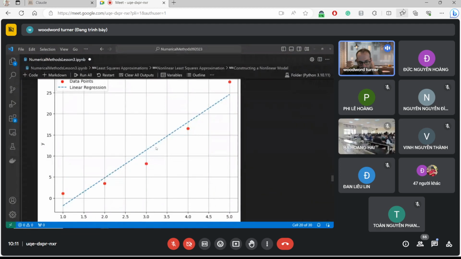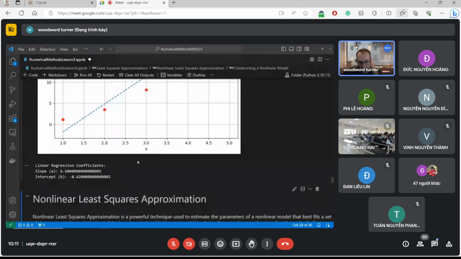And then finally, we have the linear regression coefficients. And that's the A and the B. So that's just the slope and then the y-intercept of this line. Right, so negative 8.42, you can see that if this line kept going, it maybe would hit somewhere around there. And then the slope is a positive slope.